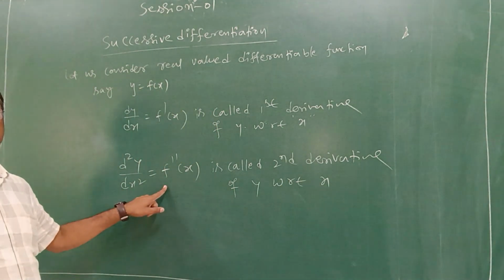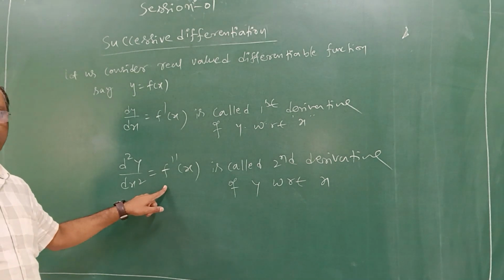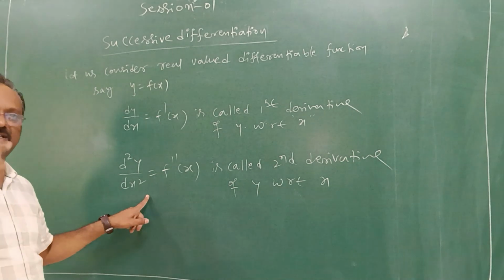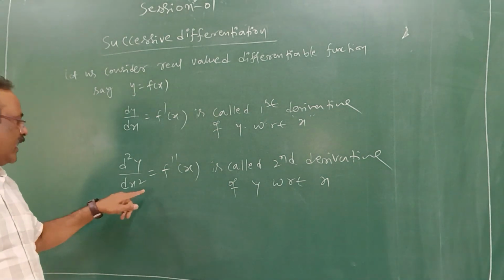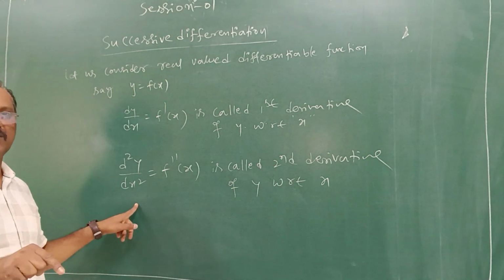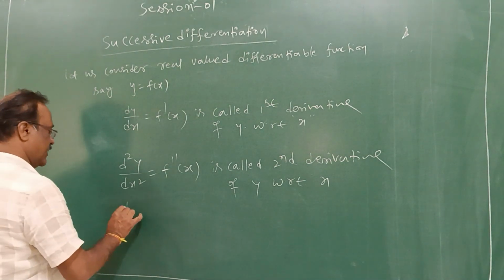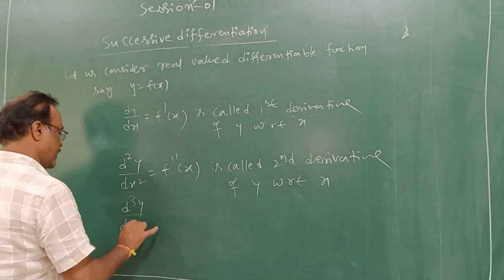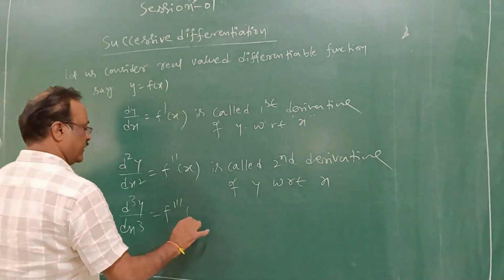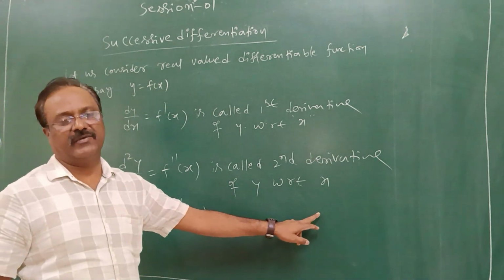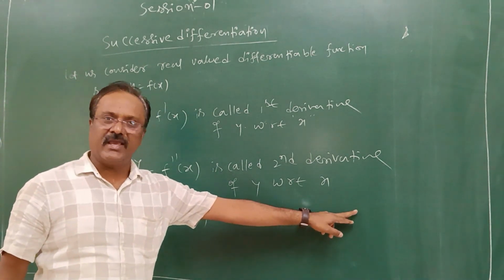This is the second order derivative of the original function. If this function is differentiable again, I can differentiate one more time with respect to x. We get the third order derivative, that is d cube y by dx cube, which is f triple dash of x, the third order derivative of y with respect to x.